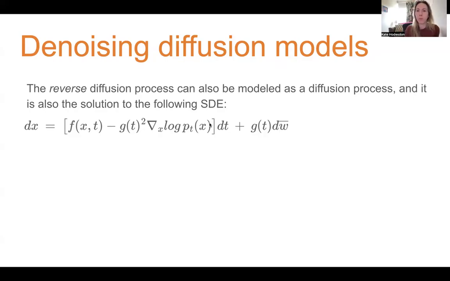And one way you can think about this is by understanding that the insights that led to this kind of generative modeling came from physics, from non-equilibrium thermodynamics. So if you think about the ink diffusing that we saw on the previous slide, the final state after all the diffusing has finished is that the ink particles are uniformly distributed through the water, and that's a state that we can easily model.